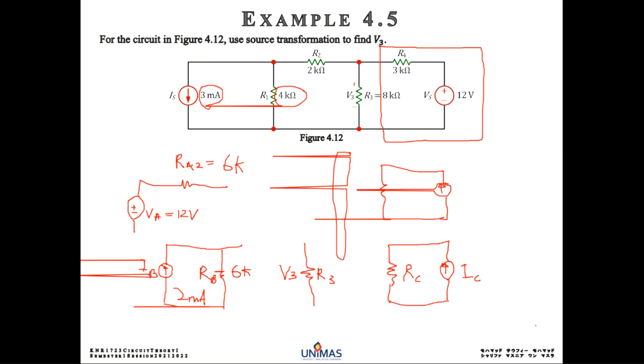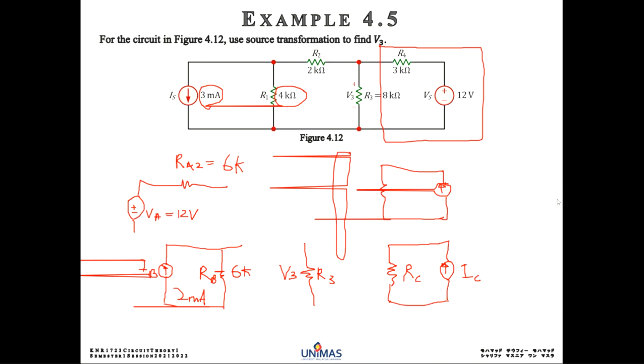Tengok balik circuit 4.10. And tengok equation 4.5. R for the voltage source is equal to R to the current source. In this case, R of the current source, RC, must be equal to the R of the voltage source. Berapa? Kamen. 6.